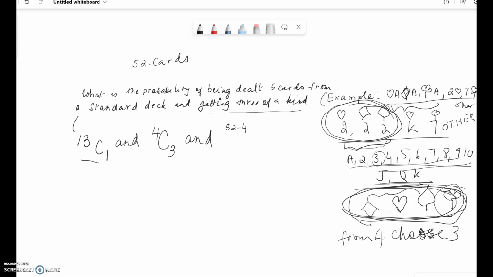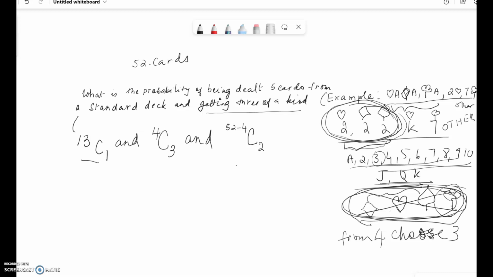So that would not be 3 of a kind, that would become a 4 of a kind, right? So we need to make sure we have exactly 3. So therefore we eliminate 4 cards from the deck, and then from that we choose 2. So that's how we get 2 other cards.